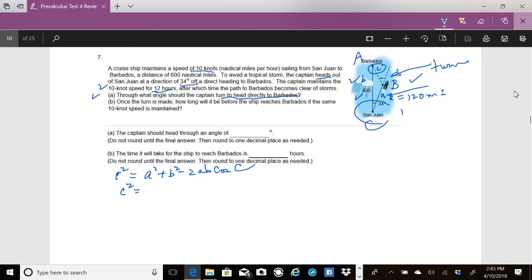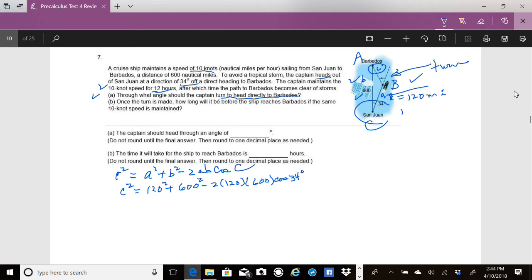So we get A squared is 120 squared. B squared is 600 squared, minus 2AB, which is 2 times 120 times B, which is 600, cosine of 34 degrees.